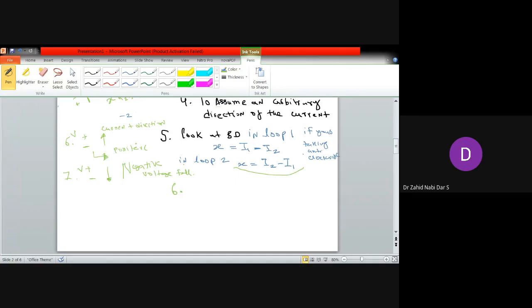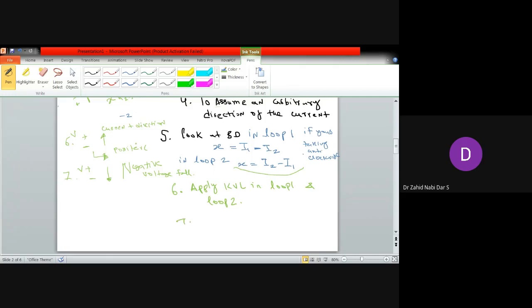Okay, so the sixth point would be apply KVL in loop 1 and loop 2.